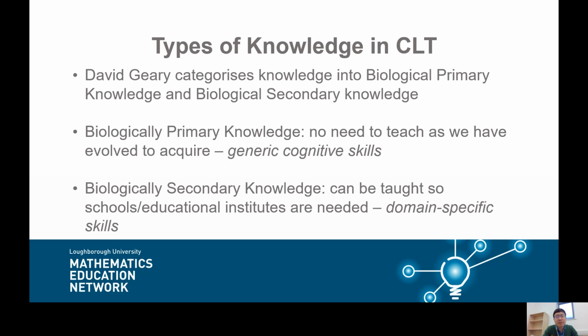For example, in mathematics, we must teach students how to solve an equation, because this type of skill couldn't be evolved to acquire. Therefore, a teacher must teach how to solve an equation. So for primary knowledge, we don't need to teach, but for secondary knowledge, we must teach.